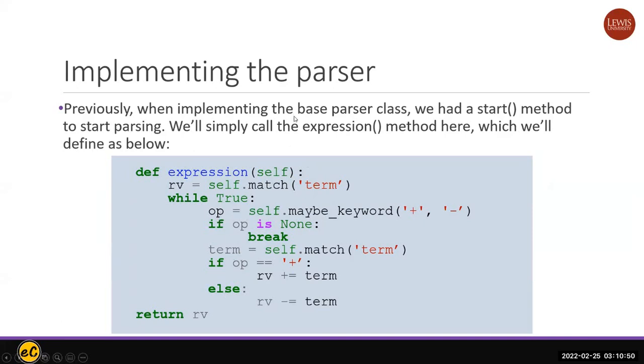That actually is term plus term plus term plus term, but you may only have one term. So you will match the term, and while true, you would try keyword next, followed by a keyword. We will do keyword and then term. If the operator is none, we break. We finish that, and we return the value evaluation for the term.